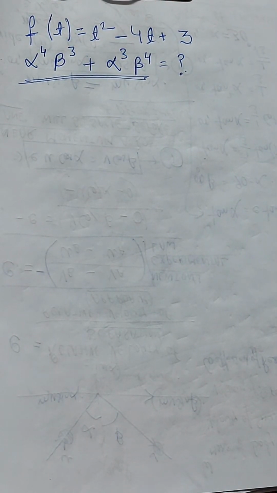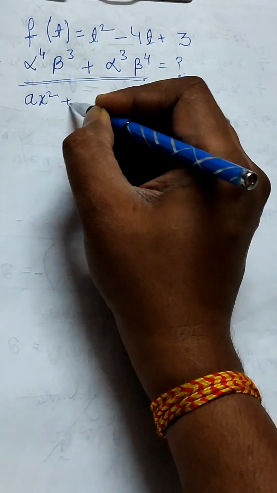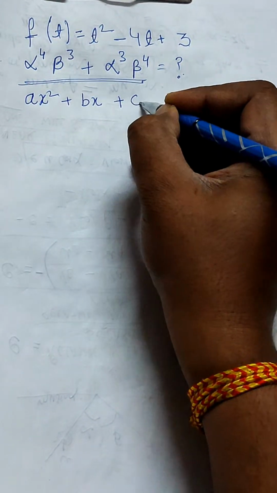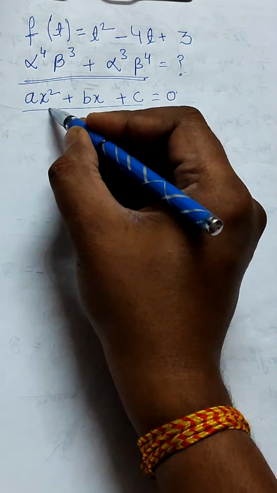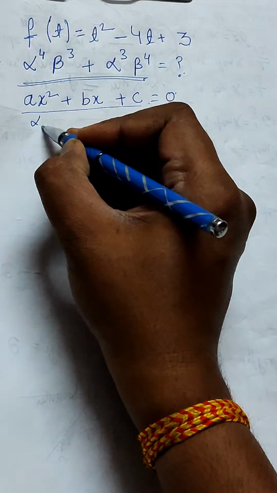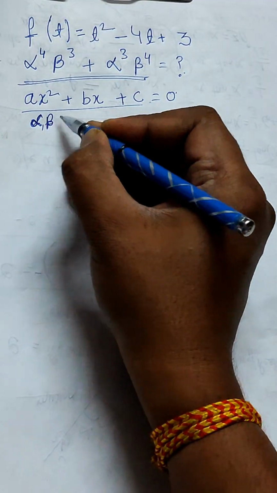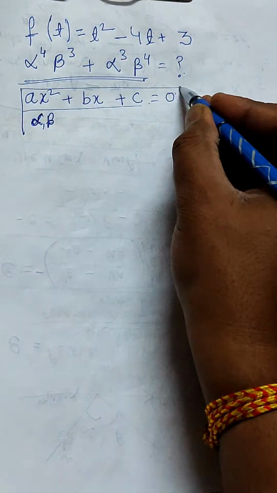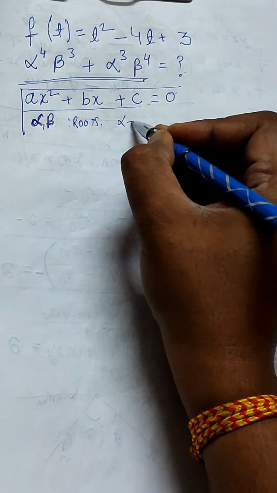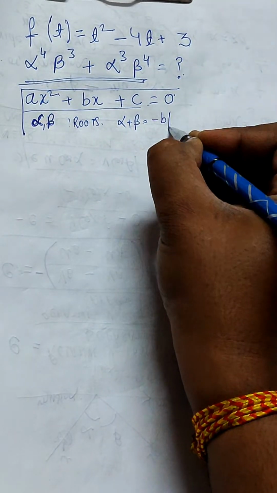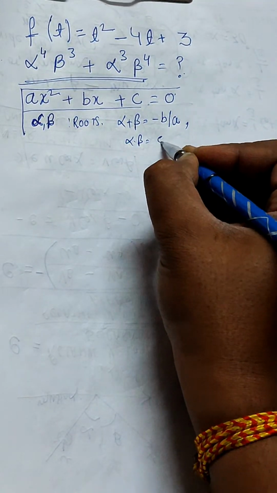So students, just use the standard form of quadratic equation, that is ax square plus bx plus c is equal to 0, right? For this standard form, if alpha and beta are the roots of the quadratic equation, then the sum of the roots is given by minus b by a, and the product of the roots is given by c by a.